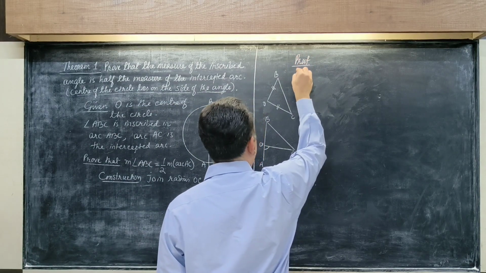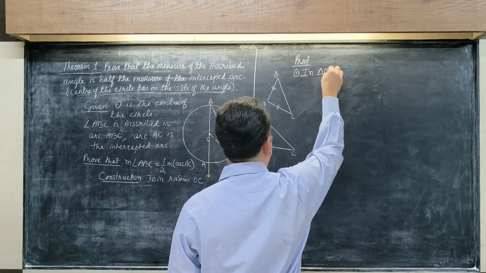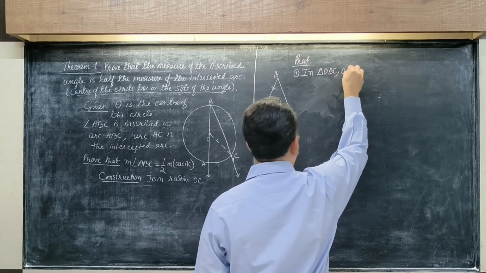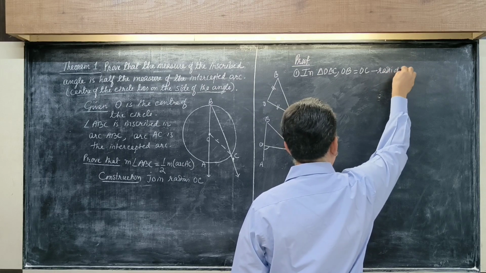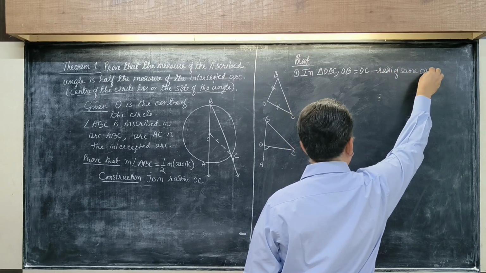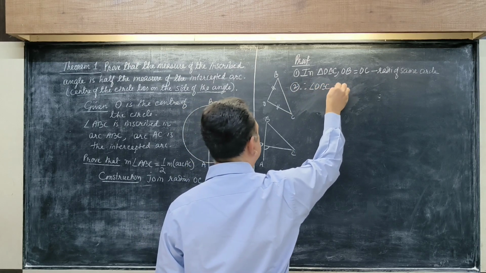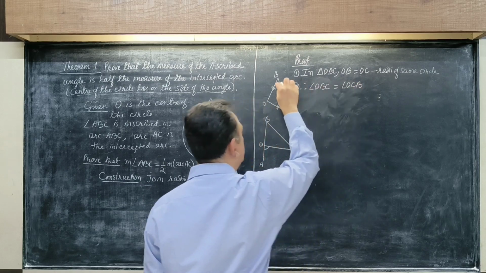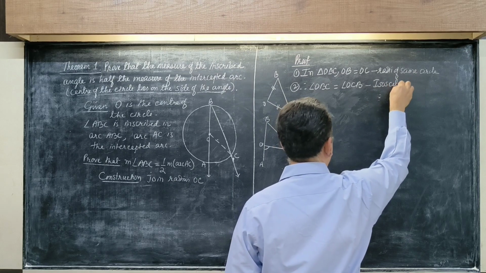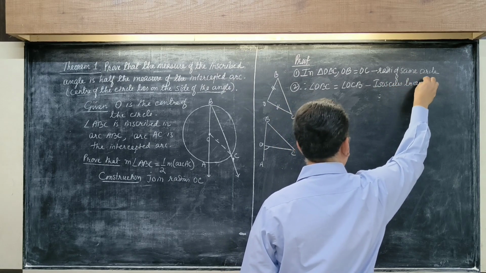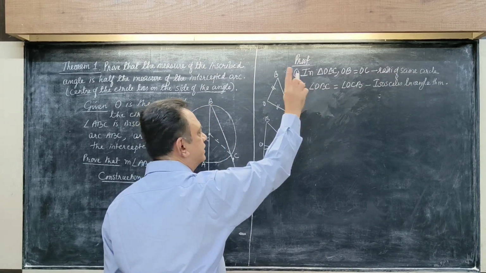Proof I'll begin. First, referring to this triangle. In triangle OBC, OB is equal to OC, radii of same circle. Second, therefore angle OBC is equal to angle OCB, isosceles triangle theorem. Referring to this figure, I have written these two steps.